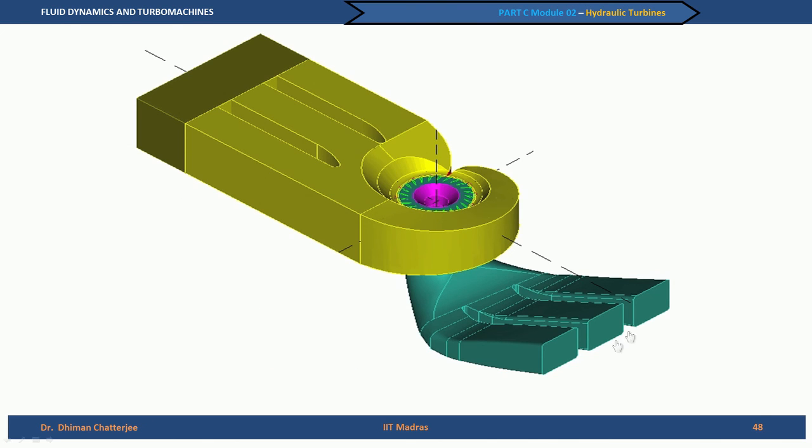So, here you see that the flow comes from here and there is an elbow and a bend. The necessity for this type, why we have an elbow type of draft tube, will be brought out more closely when we talk about cavitation in turbines, where we will talk about the restrictions that we impose from the cavitation perspective on the draft tube dimensions.